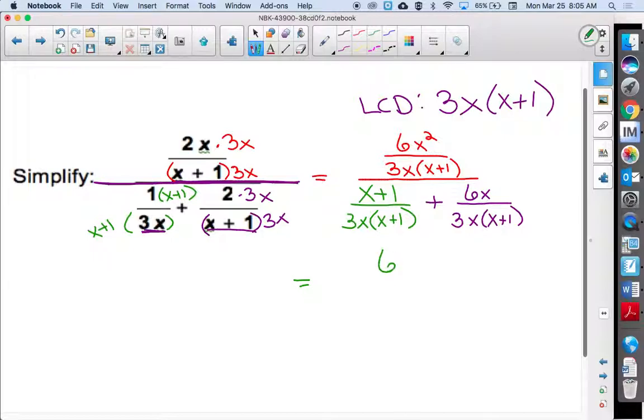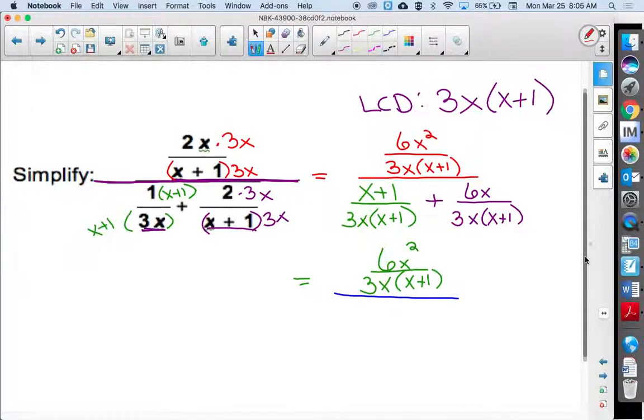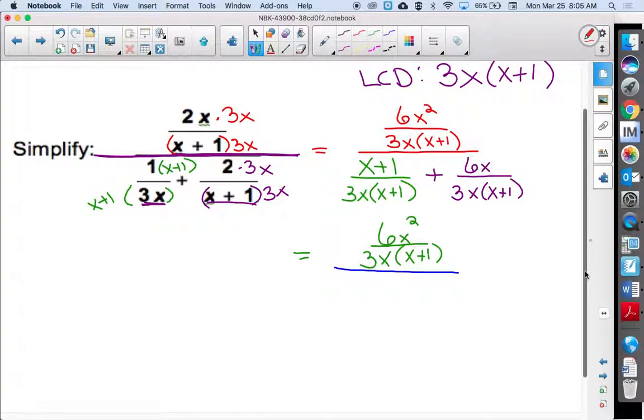So the top is going to stay the same, 6x squared divided by 3x, x plus 1. Will, if we add the bottom together, what does that mean? We're just adding these pieces here. 7x plus 1. Right, 7x plus 1, and then 3x, x plus 1.